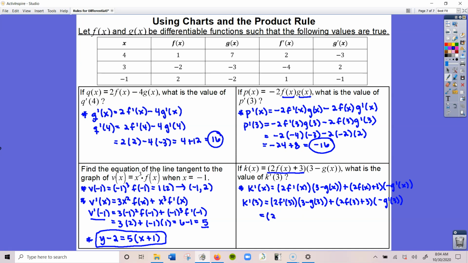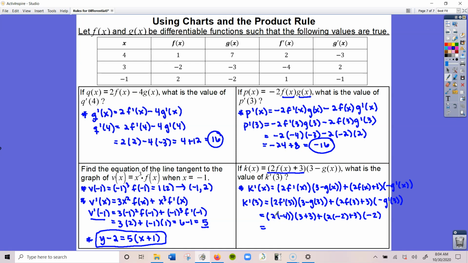So we have 2 times f prime of 3, which is -4, times 3 minus g of 3, which is -3, so plus 3, plus 2 times f of 3, which is -2, plus 3, times negative g prime of 3, which is 2.